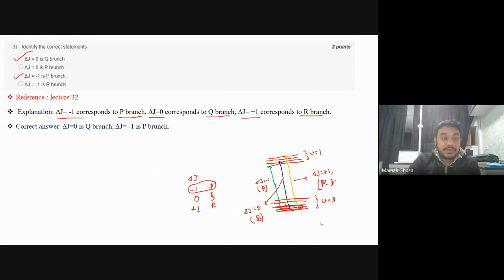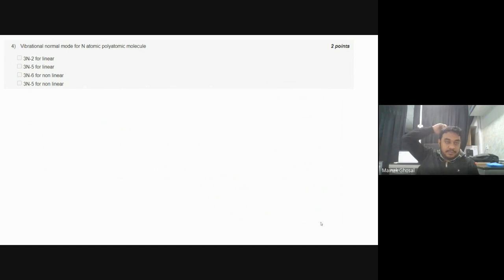So I'm moving to the next question. Vibrational modes for an n-atomic polyatomic molecule: what should be the number of vibrational normal modes? I have discussed this question in reference to lecture number 33.